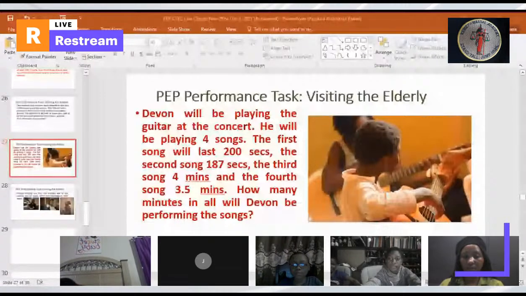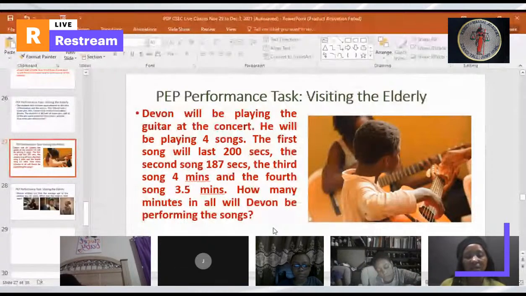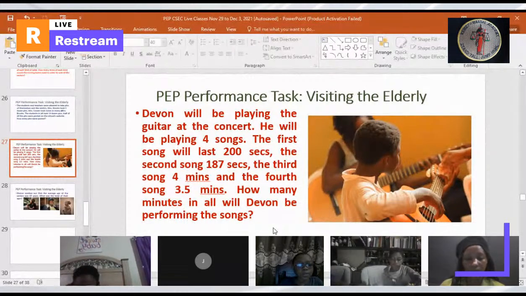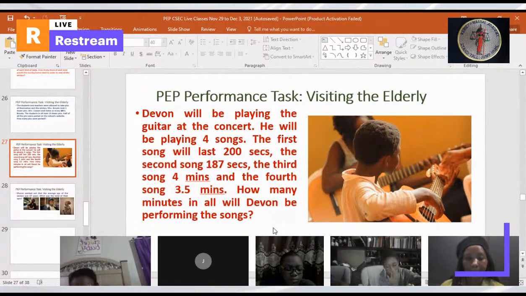The first 2 are given in seconds, so we need 200 seconds and the 187 seconds. But how many seconds are 4 minutes? First of all, how many seconds are there in 1 minute? 60 seconds.